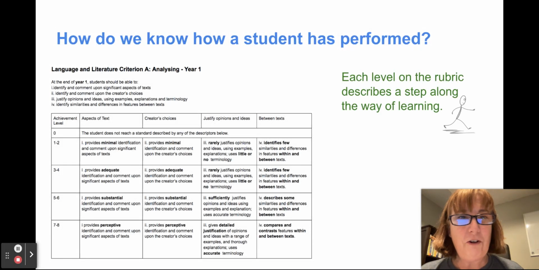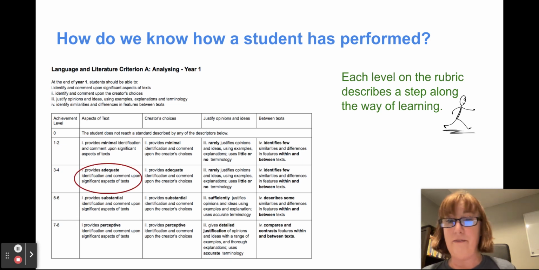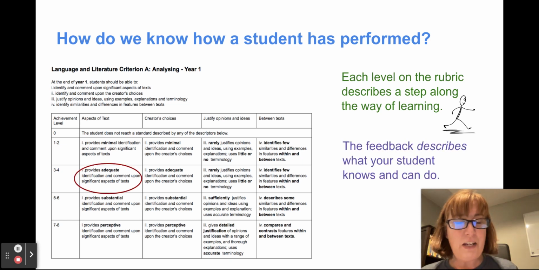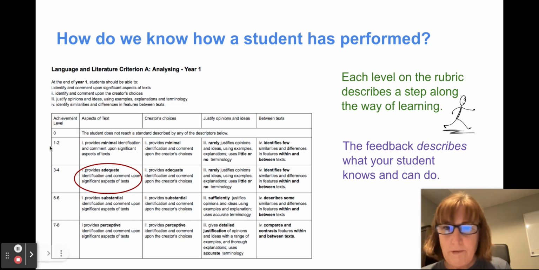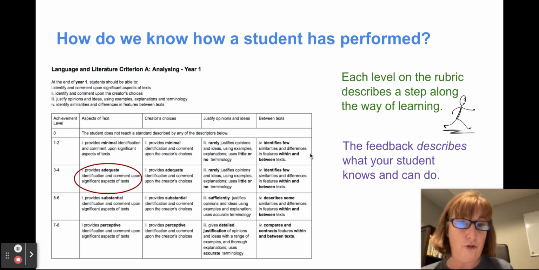So what we look for is each level on the rubric really describes a step along the way of learning, and the feedback describes what your student knows and can do. IB rubrics are purposefully written so that the 1-2 level is at the top. So as a teacher, we should be looking at what can a student do. So if a student can provide minimal identification and comment upon significant aspects of text, then we look at the next level.